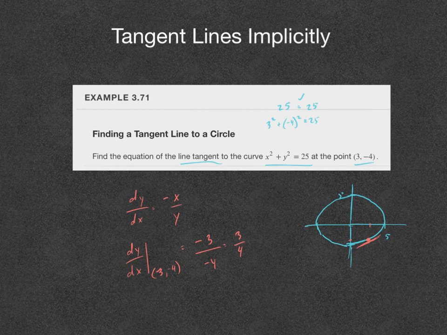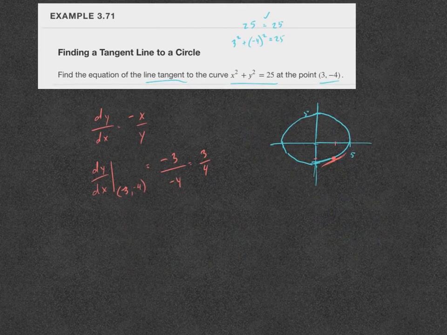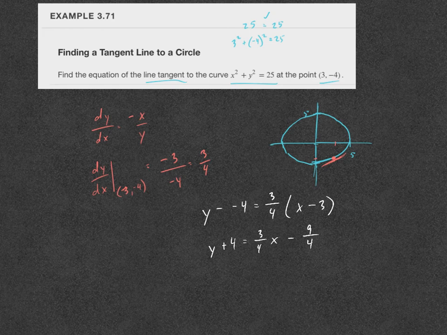And then if I want the whole equation of that line, well, that's where I jump to my point slope formula. y minus the y coordinate is equal to the slope times x minus the x coordinate. So that's y plus 4 is equal to 3/4 times x minus 3, and 3 times 3 is 9/4. And then I want to subtract that 4 from both sides.